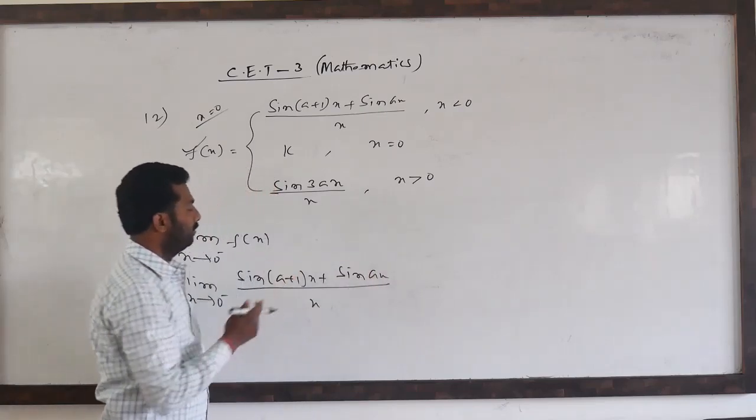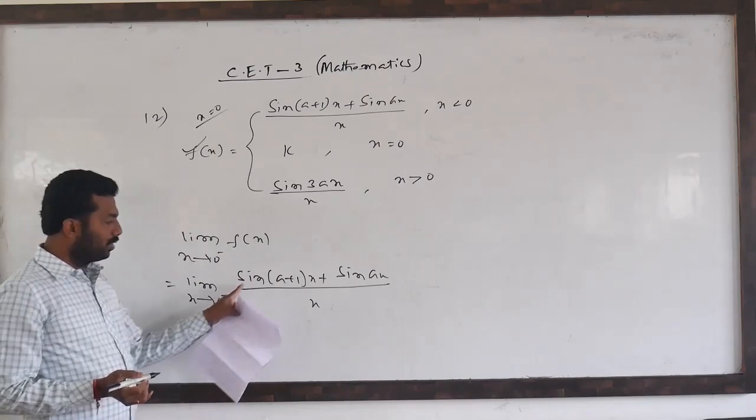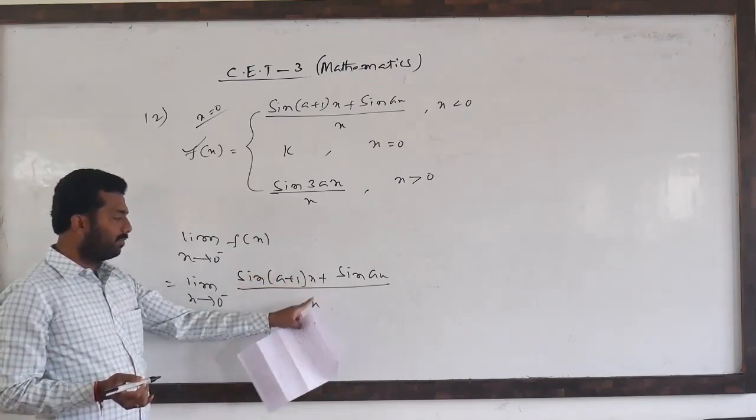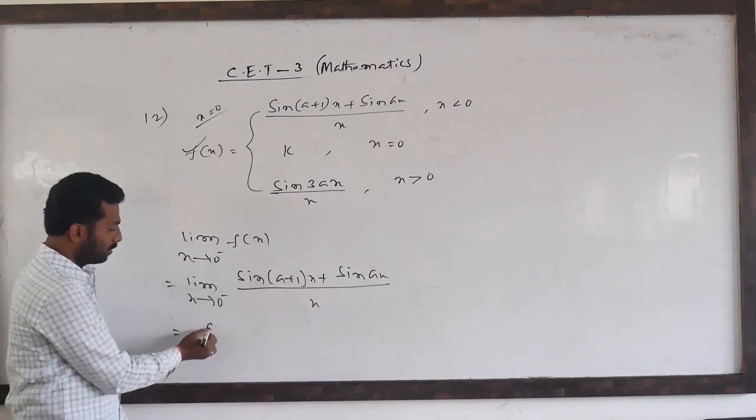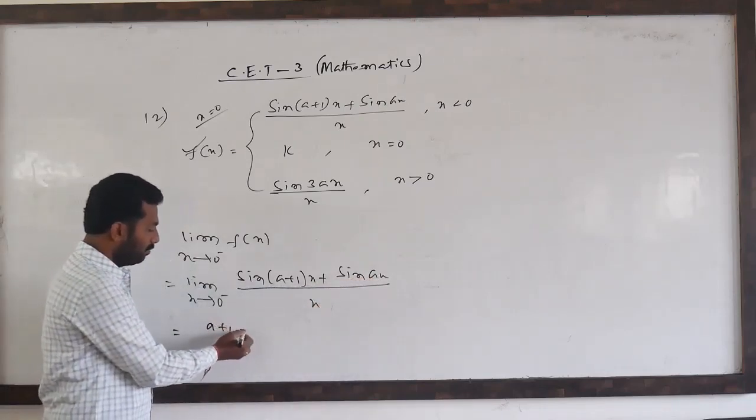Okay, we'll see later. So from this, if you are splitting, limit x tends to 0, sin of (a plus 1)x by x means a plus 1 answer. Sin of ax by x means plus a answer.